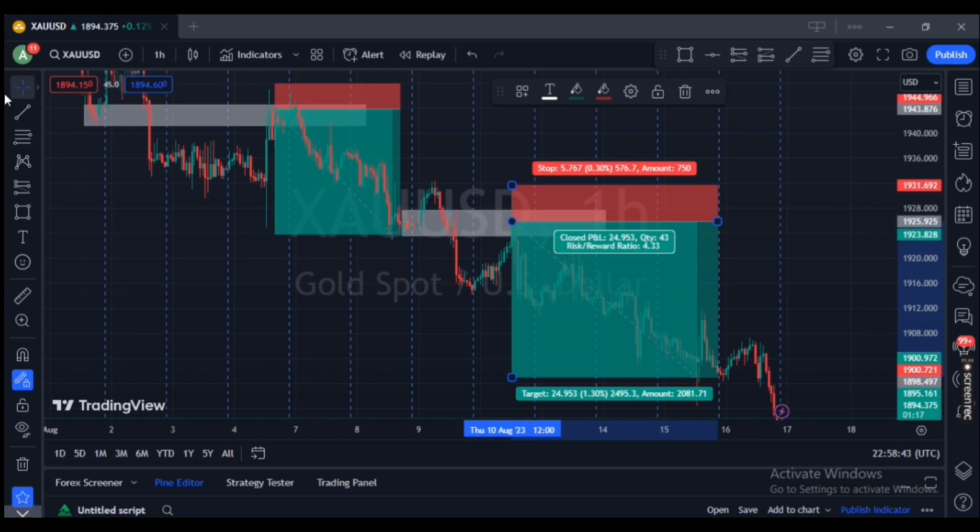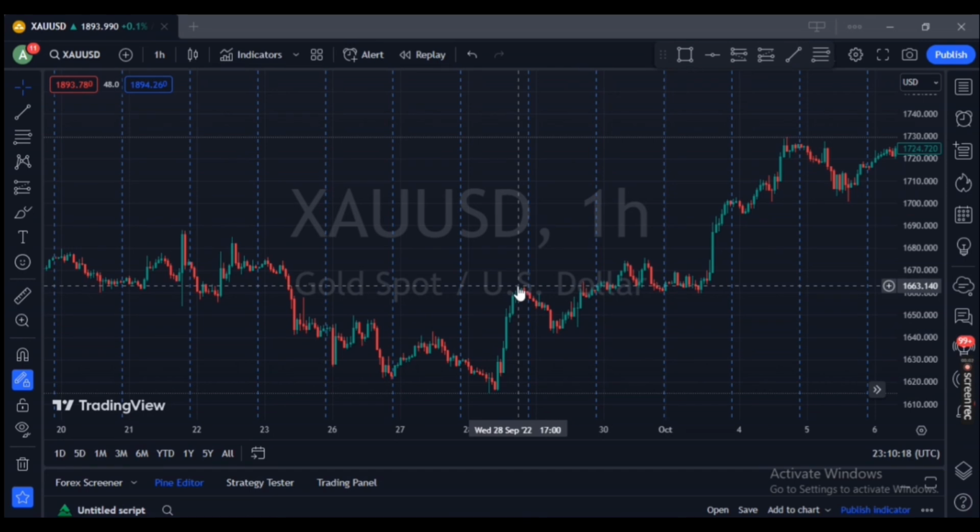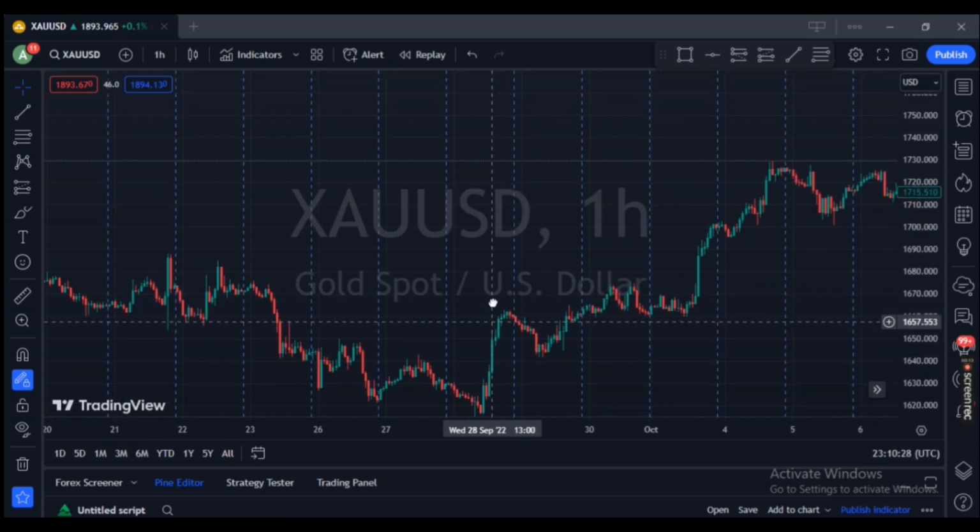Okay, so guys, let's take our chart back and I'll show you an example of buys. Let's check out a perfect example of a support and resistance breakout in an uptrend.